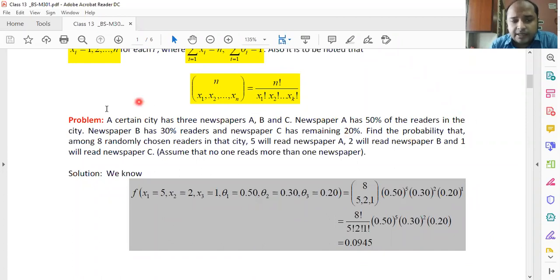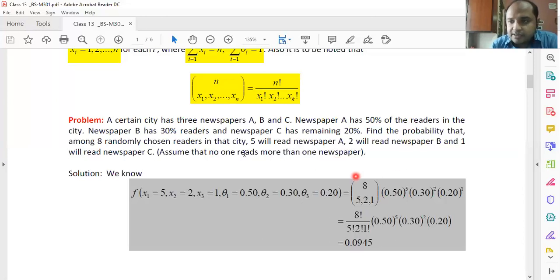Find the probability that among 8 randomly chosen readers in the city, 5 will read newspaper A, 2 will read newspaper B, and 1 will read newspaper C. We will assume, for the sake of the problem, that none of them reads more than one newspaper. Otherwise it becomes a little complicated, and we have to consider all the cases with union sign in between.